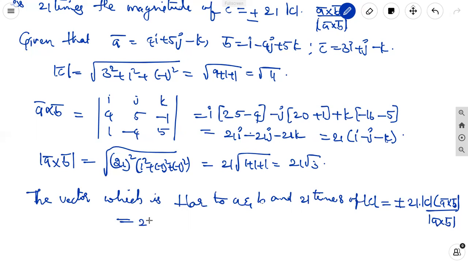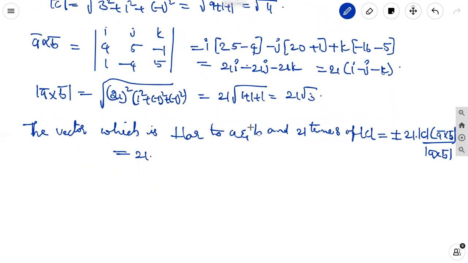It is equal to 21 into modulus of C is root 11, A vector cross B vector is 21 into i minus j minus k by 21 root 3. 21 gets cancelled.